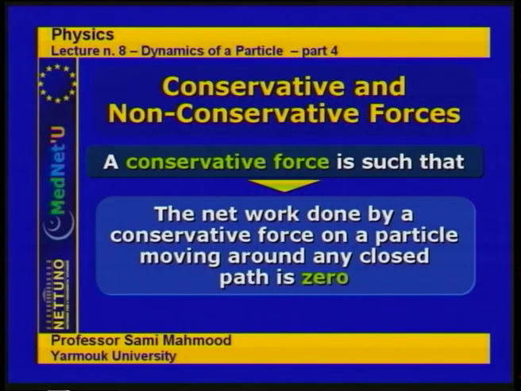So a conservative force is such that the net work done by the conservative force, if we take an object from one point to a second point and then back to the first point, is 0 in going around the loop.